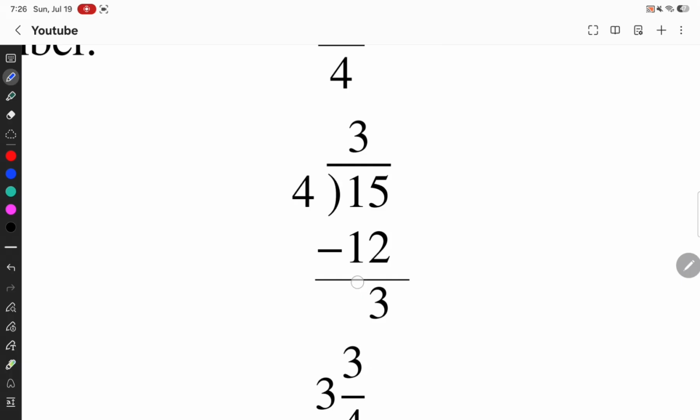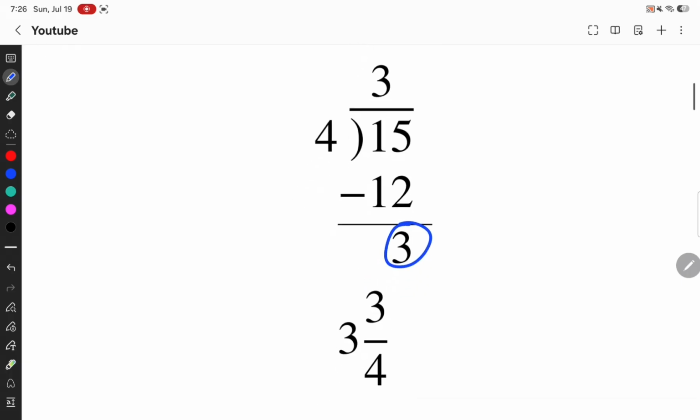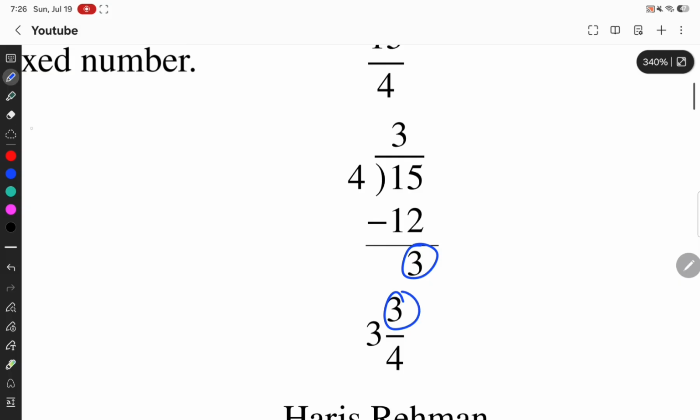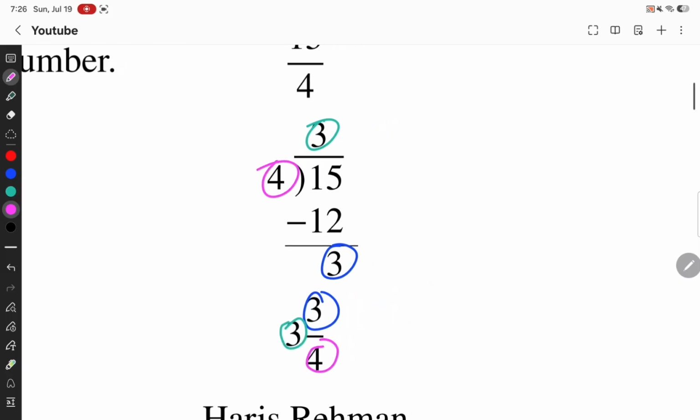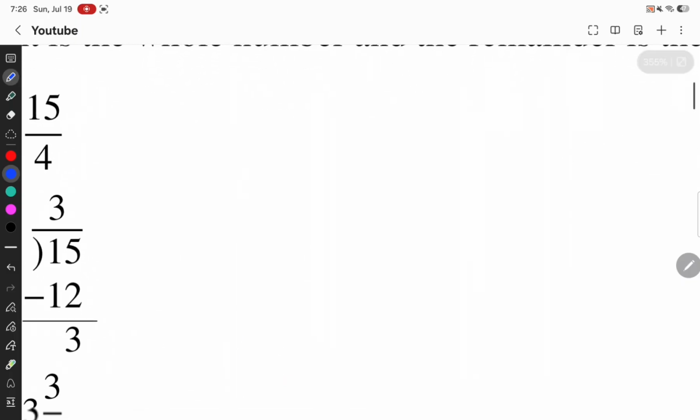We have a remainder. We cannot subtract further. This remainder over here is this bit. And next, the answer that we have, the quotient, is over here, and the number we divided by is over here. This is a very bad example, but let me get another example.